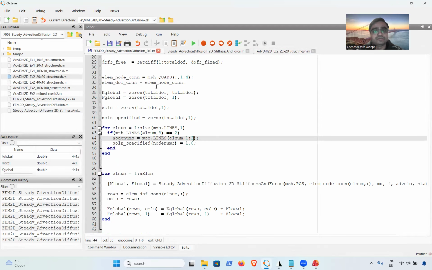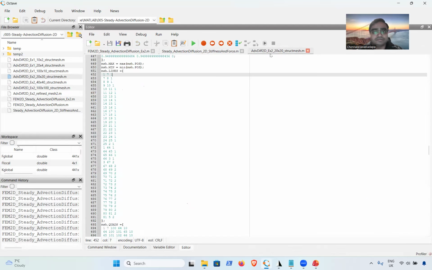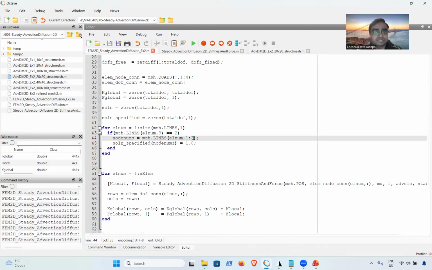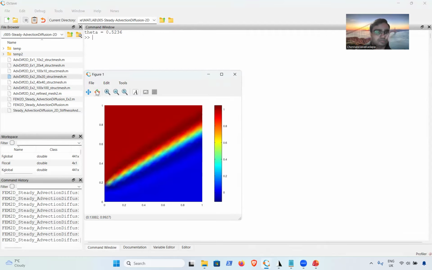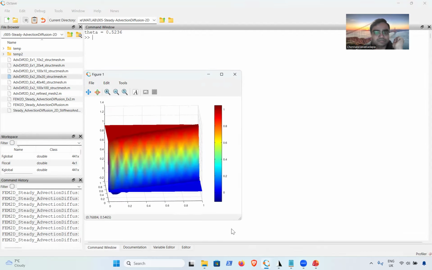So we should get only the first two columns, right? For the node numbers. So I'm correcting this here now. Okay, so we got rid of this mistake.